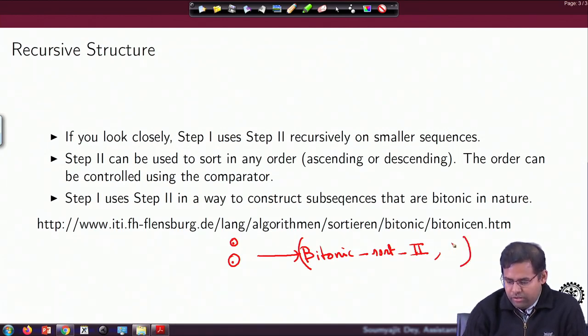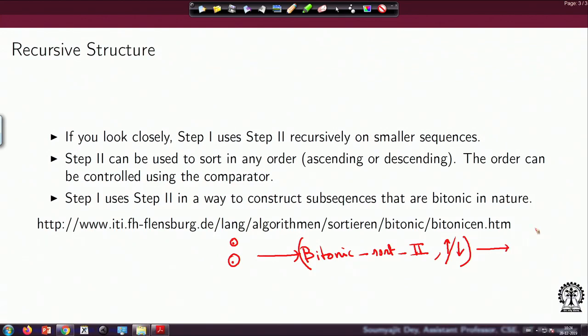Whether you want it to be an ascending order or a descending order. What you get as output is one comparator, right? A smallest sorting network containing only one comparator, right?